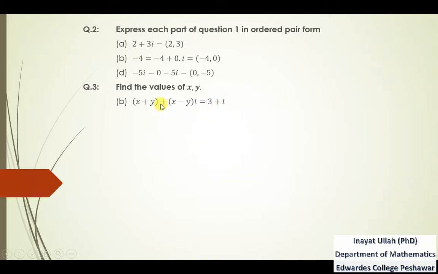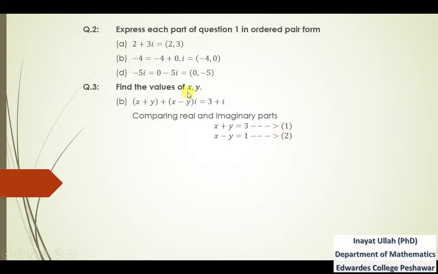So comparing the real parts, x plus y is equal to 3, and comparing the imaginary parts, x minus y is equal to 1. So we obtain these two equations.